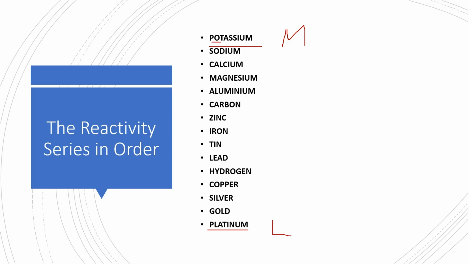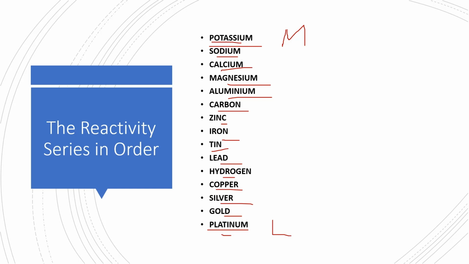It starts off with potassium, followed by sodium, calcium, magnesium, aluminium, carbon, zinc, iron, tin, lead, hydrogen, copper, silver, gold, and platinum.